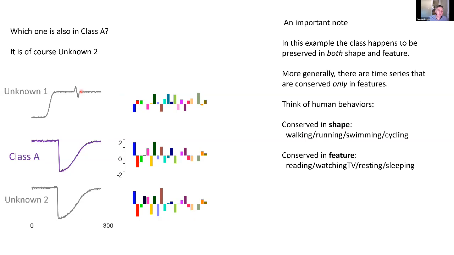You could use either shape or feature vector. But low dynamic behaviors, in the case of humans, reading, watching TV, resting, sleeping, will only be preserved in this space right here. And of course, our cow has the exact same kind of possibility. Our friend the cow can be walking or running, which are quite dynamic, or it can be simply lying in the field, which is very static, and will be conserved only in the feature space, not in the shape space.